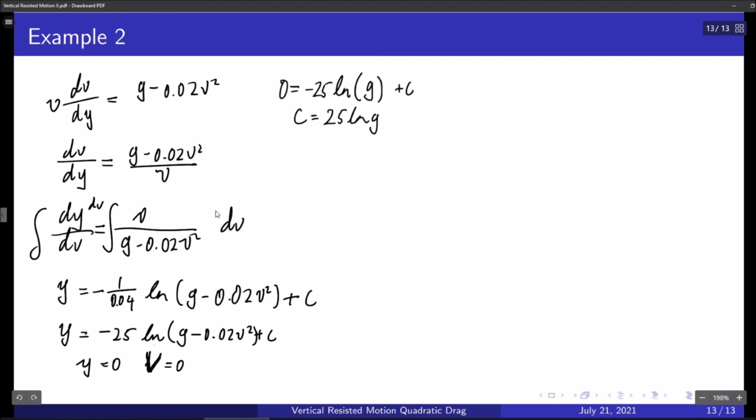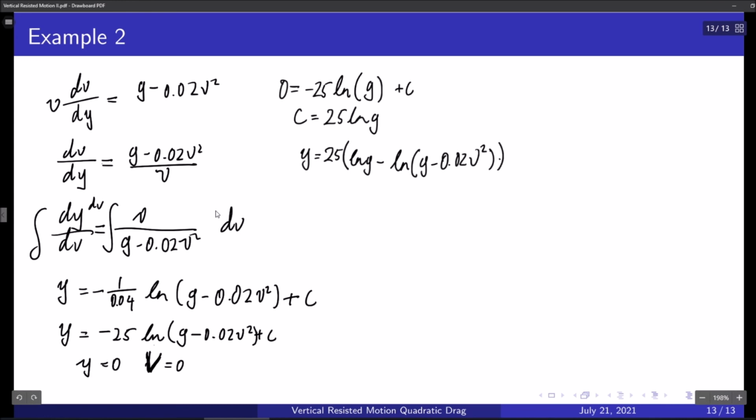And then substitute it back. So y equals 25 times log g minus log of g minus 0.02 v squared.